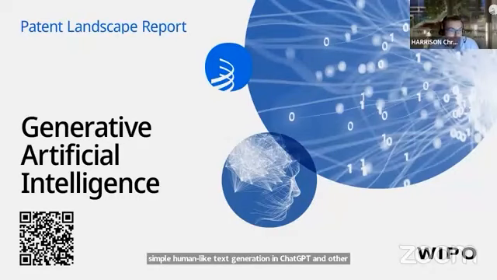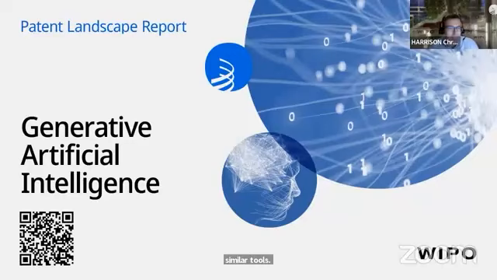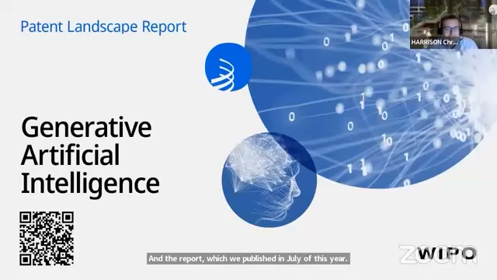The report, which we published in July of this year, looks at the latest patent trends in Gen AI globally and provides a comprehensive and up-to-date understanding of the global patent landscape within Gen AI. But it also looks at insights into some of its future application areas and potential impact.